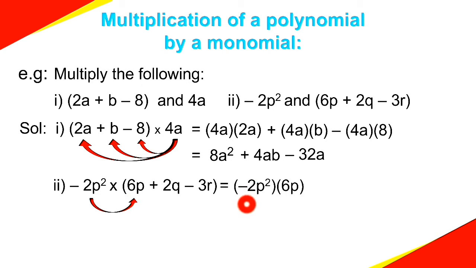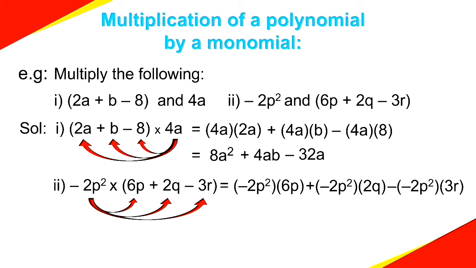Minus 2p square into 6p, right? Second one is minus 2p square into 2q. Here we have a symbol plus, so that's why it is written here. The next one is, right, minus of minus 2p square into 3r.